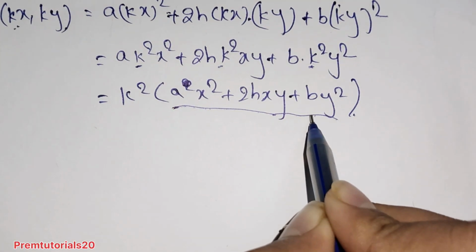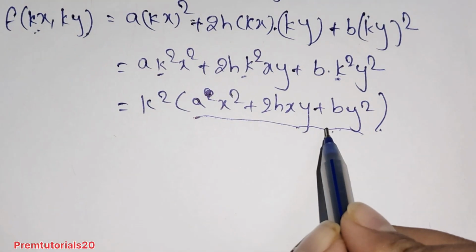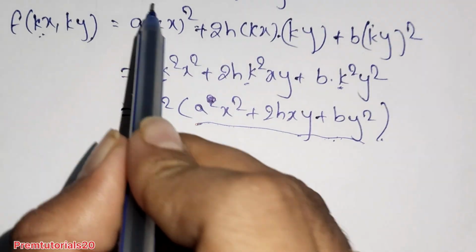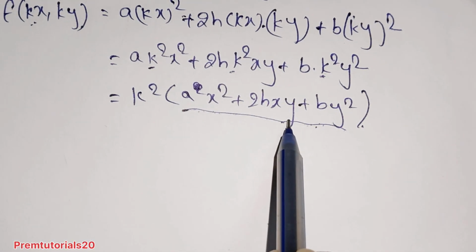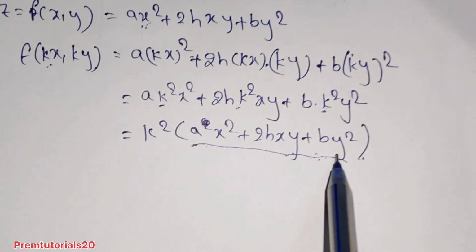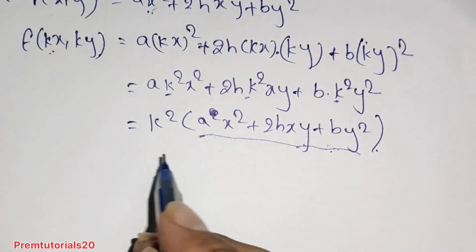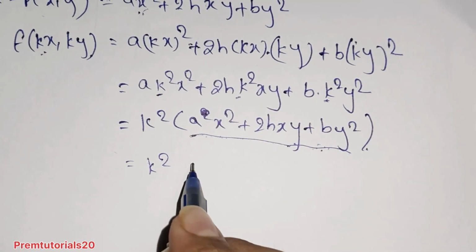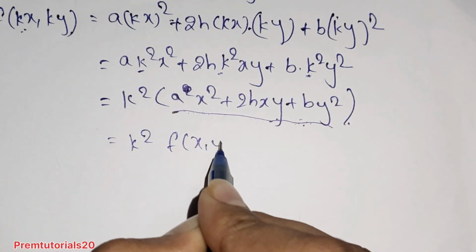In place of ax² + 2hxy + by², let it be written as the function f(x, y).